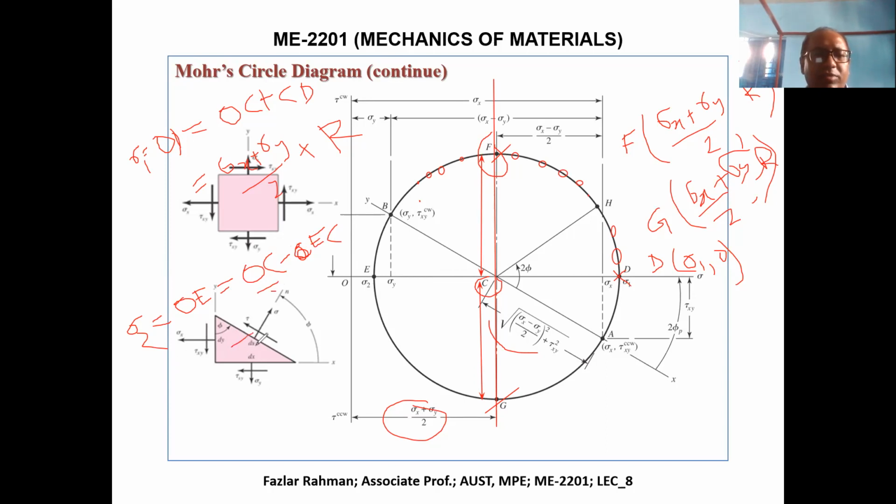So this is equal to sigma x plus sigma y divided by 2, minus EC. EC is the radius of the circle. That means minus R. So this is my sigma 2. And obviously, the coordinate of point E will be sigma 2, comma 0.